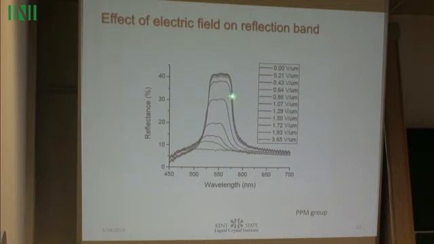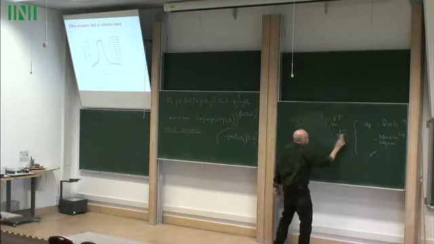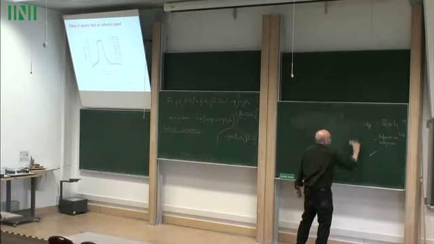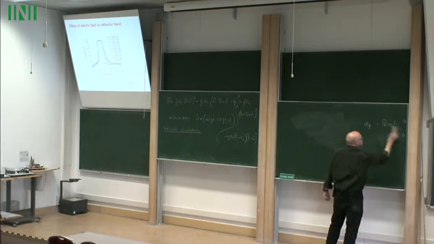In this case, there's some change of the band edge on the long wavelength side, but mainly what you see is the amplitude changing, nothing else. So this is not very satisfactory at all. And you can then ask what it is that one would expect if you apply an electric field to a helical cholesteric structure.